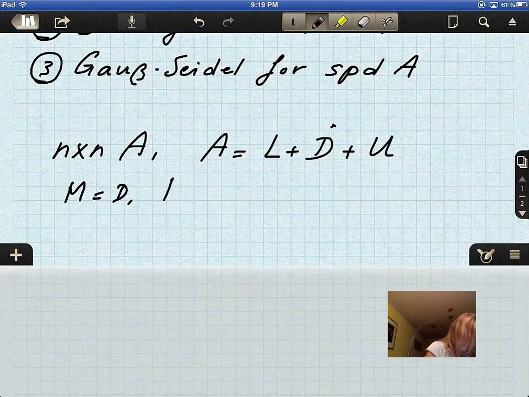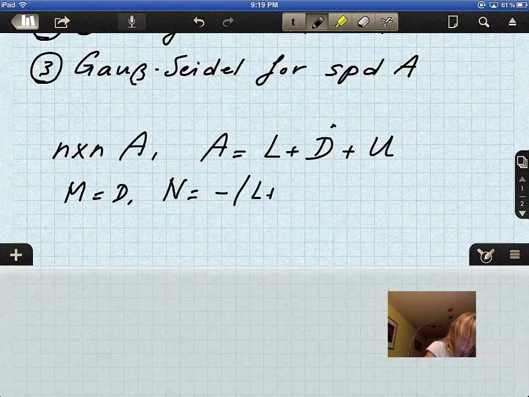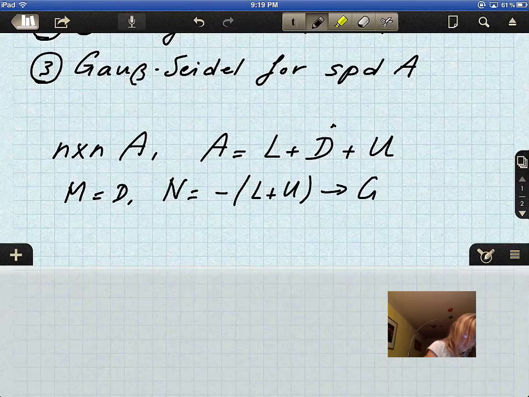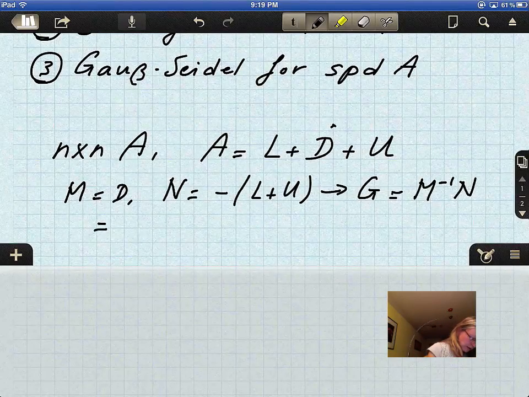We had N equal to minus (L plus U). And as a result, we have our iteration matrix G, which is M inverse N, and that is equal to minus D inverse times (L plus U).